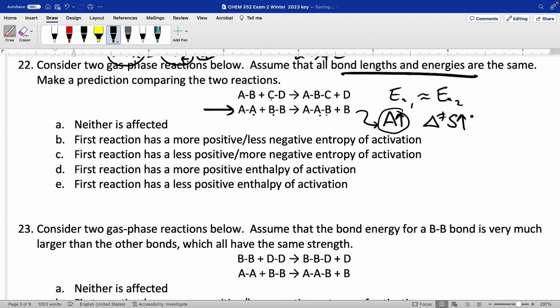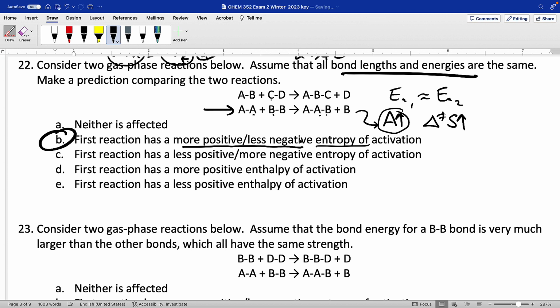We could say it's the less negative, or for some reactions, especially solution phase reactions, it could even be positive. So that means we are looking over here at the entropy of activation. It's going to be either more positive or less negative, or it could even switch from being negative to positive.